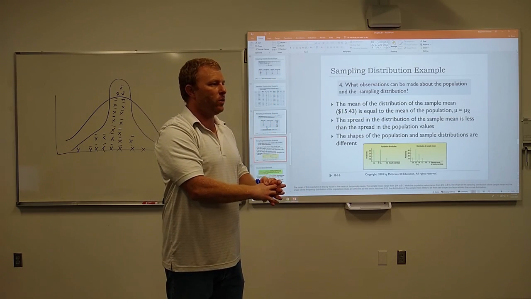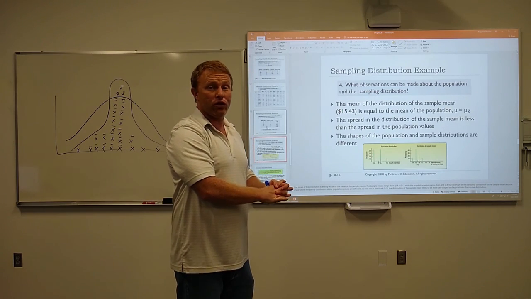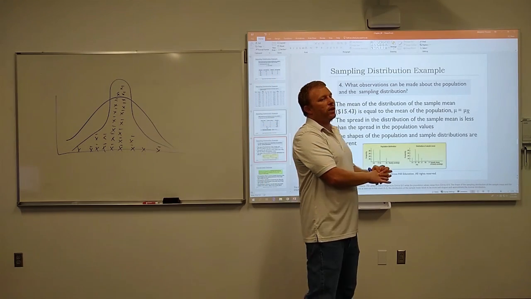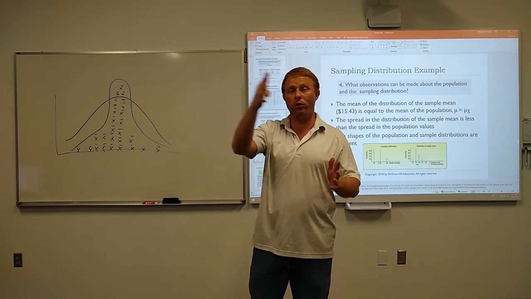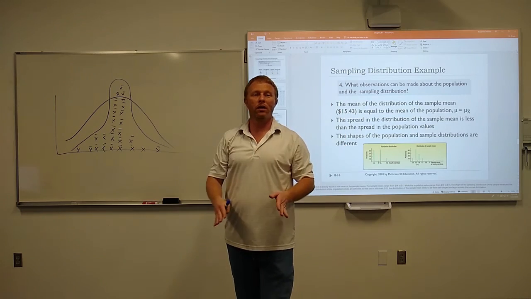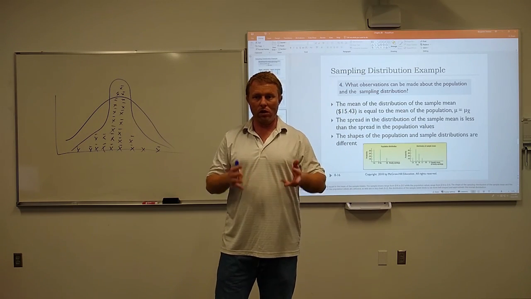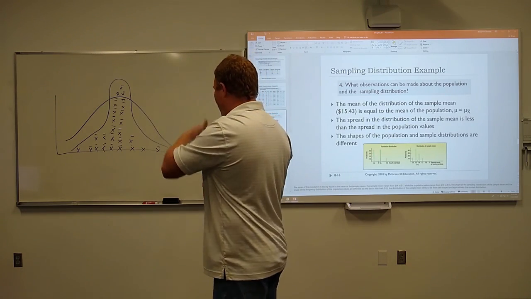That's a lot of stuff that we can do with a data set that's normal, isn't it? That we can't necessarily do with data sets that are not normal. But if we can take a data set that is not normal and turn it into a normal distribution, we can then utilize all the tools that we know how to use on a normal distribution on that non-normal distribution.